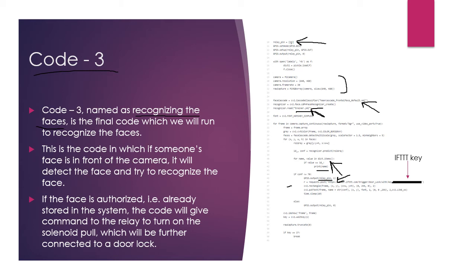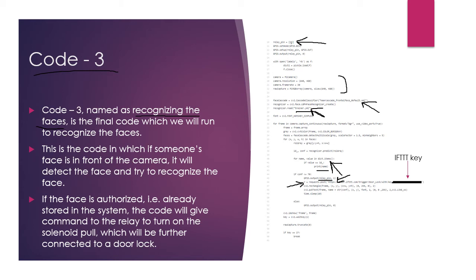And as you can see, this line, r is equal to requests.post, is a very important line, as this is the line by which the user will receive the notification that someone has entered the house.